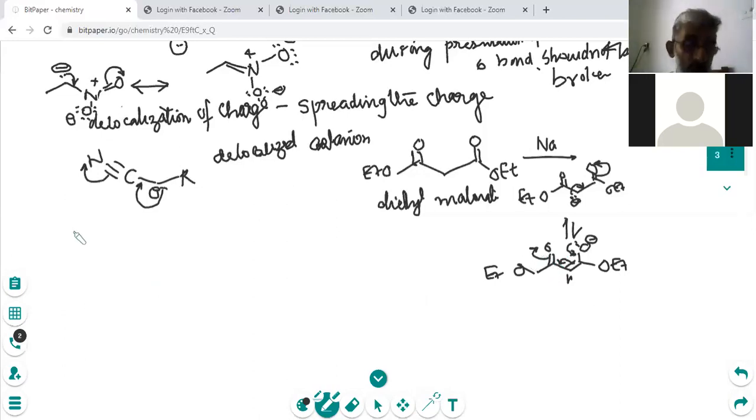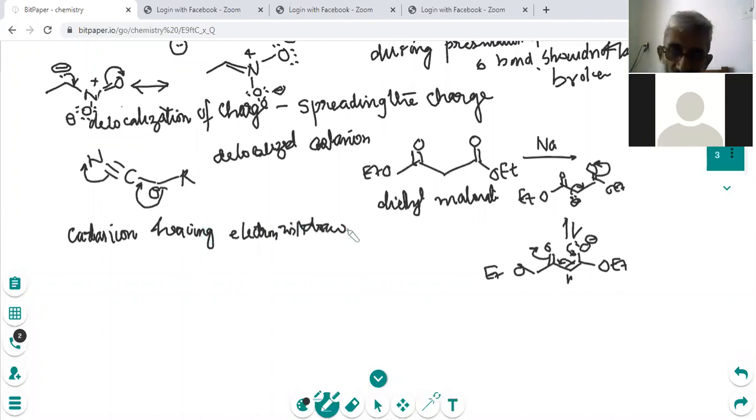Carbanions having electron withdrawing groups are quite stable.